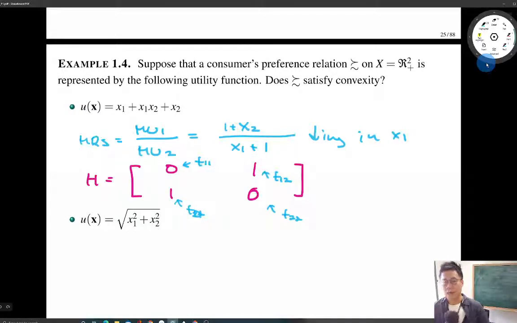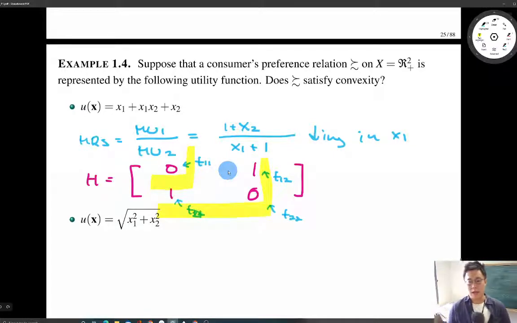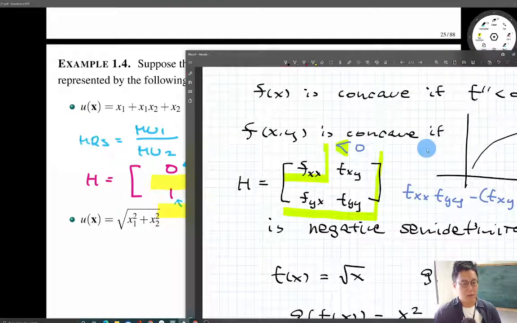So the associated Hessian matrix with this utility function is going to be this 2 by 2 matrix. The first entry is 0, and the determinant is -1. So it is negative semi-definite. Let me go back to the definition.